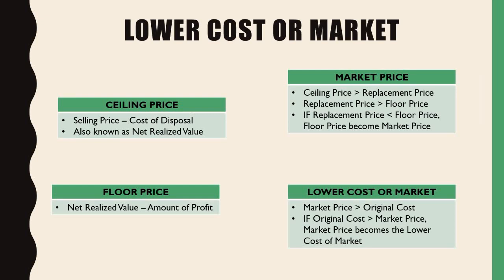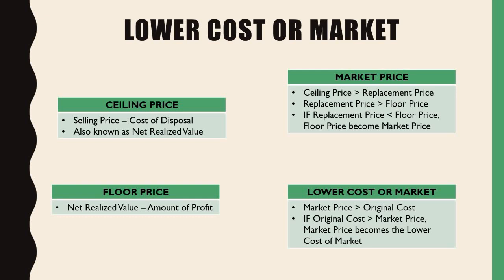So when we talk about lower cost or market, these are the four things I'm going to be asking you. Number one is to determine the ceiling price, and number two, the floor price. Now, what is a ceiling and what is a floor price? Well, when we take a look at the example, we have a regular selling price.